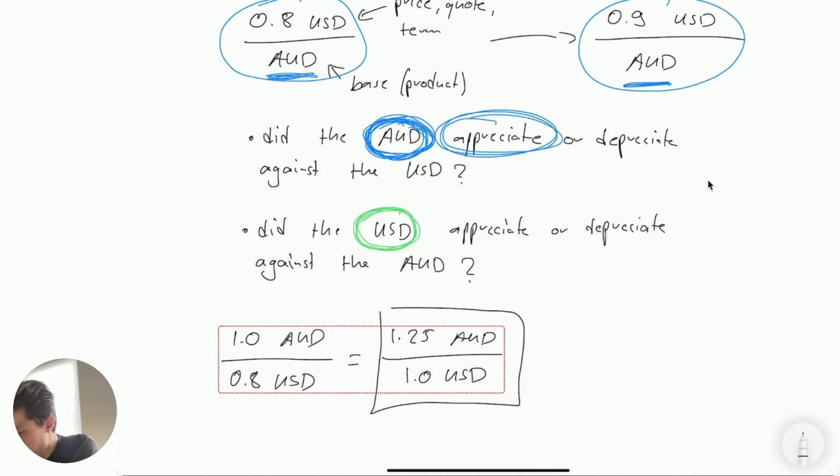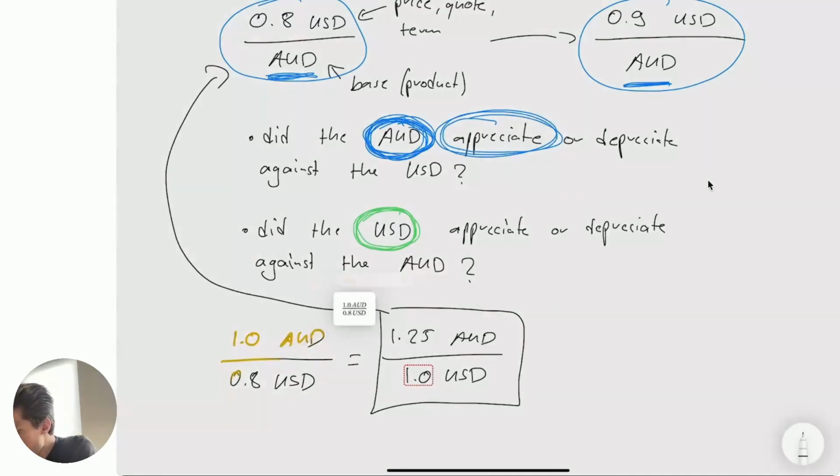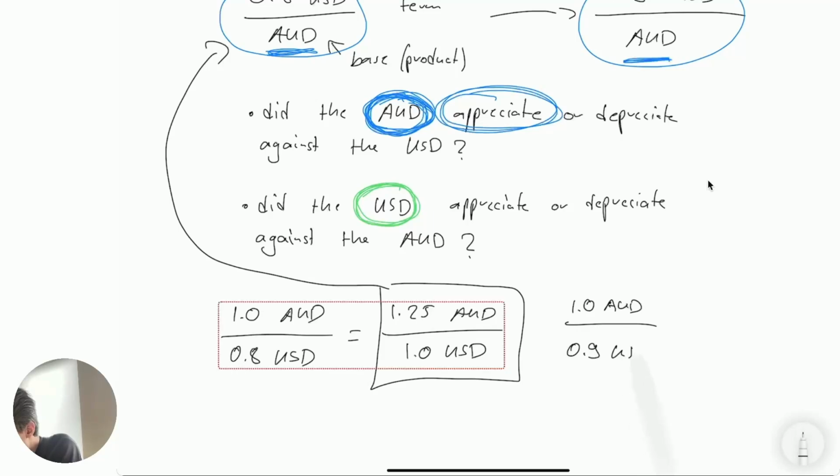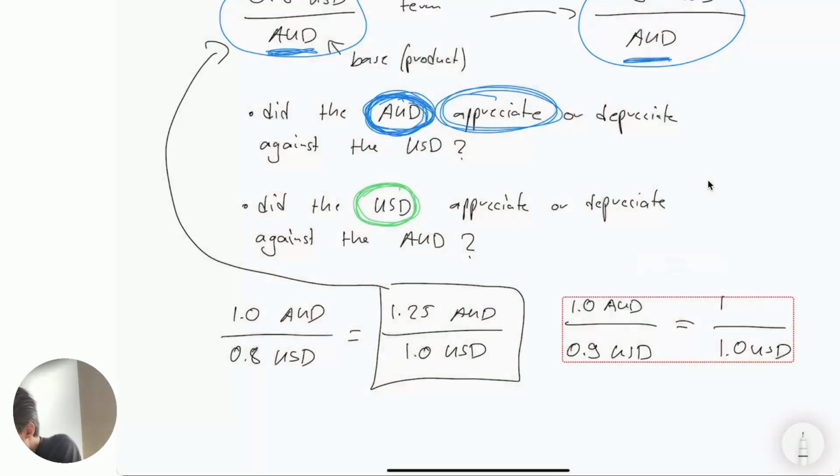So this is the equivalent or the inverse to this. And then for the new one, you would do the same, 1.0 AUD divided by 0.9 US dollar equals 1.11 AUD over 1 US dollar.